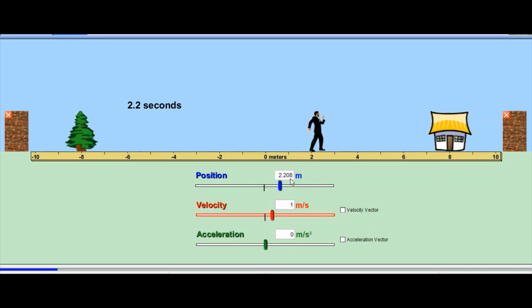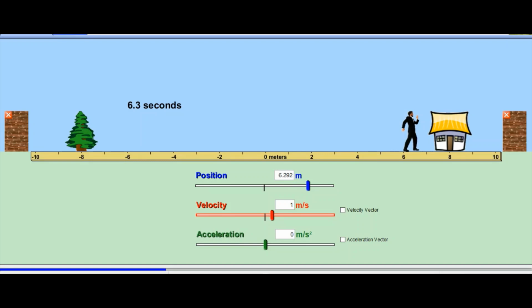when our time is 2 seconds, the position of this one is also 2 meters, which means in every 1 second, this man changes his position by 1 meter. Look here, position is 4.2 meters when our time is 4.2 seconds. So you can understand very well here what the speed or velocity means.